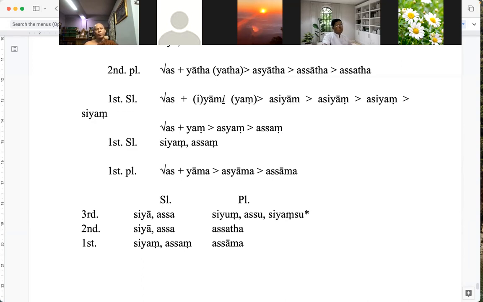So very irregular. But as much as I can, to be clear to you, I explained. I try to be systematic, even though they are irregular. Okay, so any question?